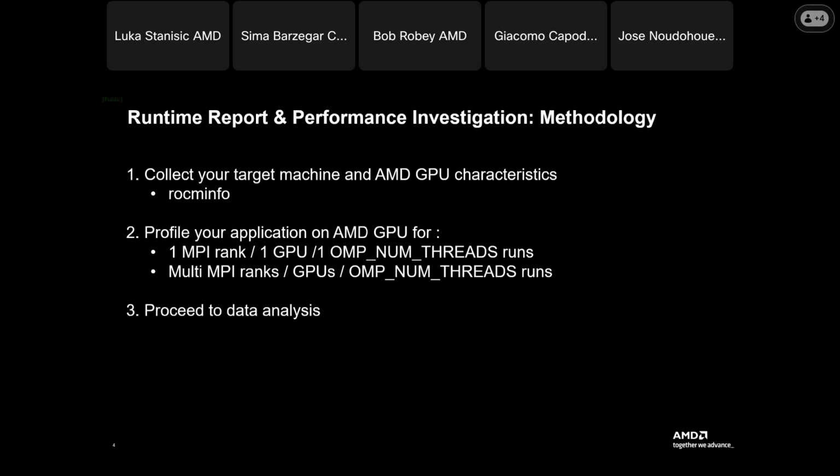And while analyzing this data, maybe you will go back and start the process again because you are not happy with the performance you are getting, or you are very happy. You want to investigate more and know what is going on behind the scenes.